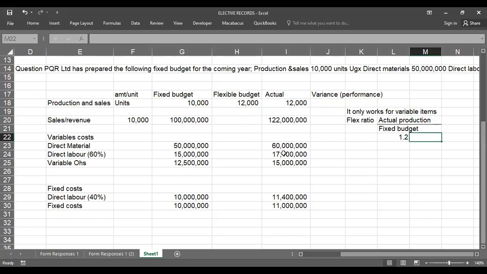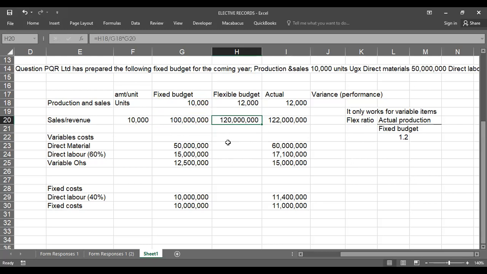Then you apply the 1.2 on the entire value itself to come up with the flex budget. So this 12 divided by this 10 times this gives you 120. That's how we apply the flex ratio.